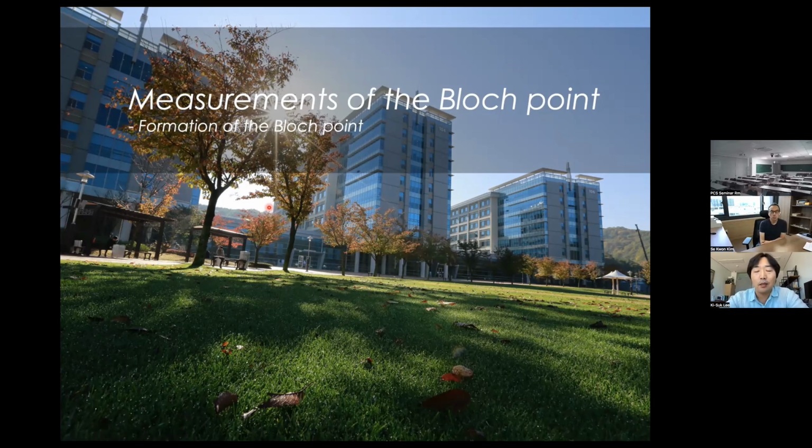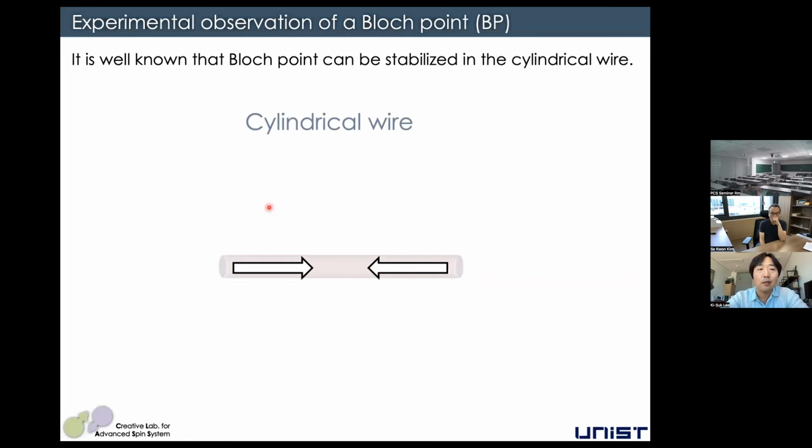It is just injected and disappears very fast, so it is impossible to measure in that short time. So we try to form the Bloch point stably in a given system. It is well known that the Bloch point can be stabilized in a cylindrical wire.